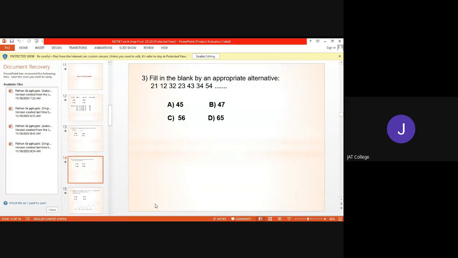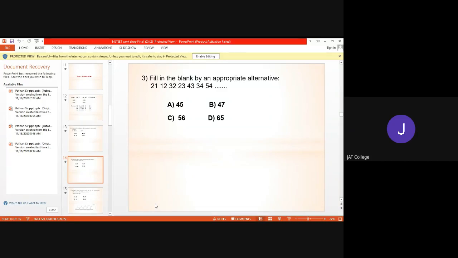First of all 21 is odd, then 12 is even, 32 is even. So they are reverse numbers: odd, even, then even, odd. Then 23 is odd, 43 is odd, 34 is even, 54 is even. So next number will be odd. And odd options are 45, 47 and 65.